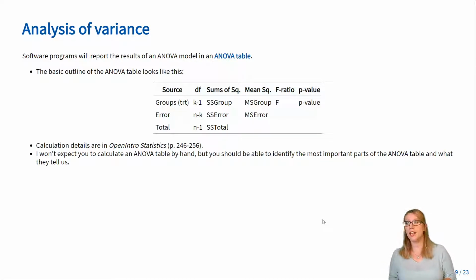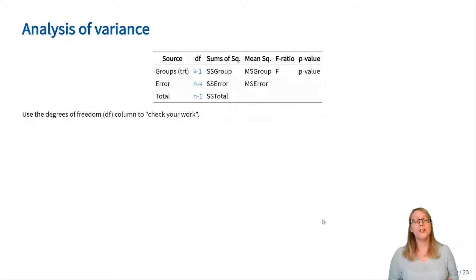Now, software programs will typically report these results in an analysis of variance table, or an ANOVA table, like you saw in a previous slide. The basic outline of this table is always the same. There's a lot of calculation that goes into this, and again, there are formulas in your textbook for doing this by hand. What I want to do is just highlight the most important parts of this ANOVA table, the things that I like to look at. The first thing I like to look at is this degrees of freedom column, or this DF column. For me, I use this as a sanity check.